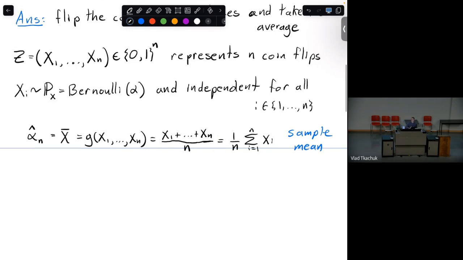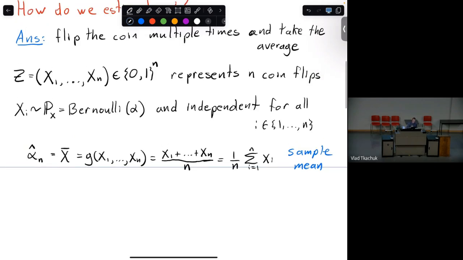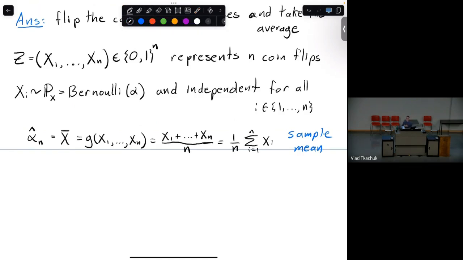Okay, now I can answer the question if you still have it over there. No, so in this case, if you change the distribution, for instance, you would still use this. The sample mean can be used to estimate the mean of any random variable.